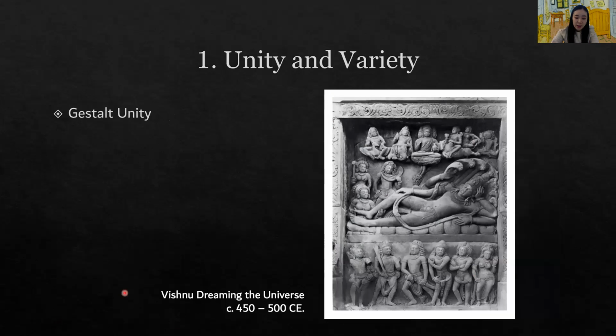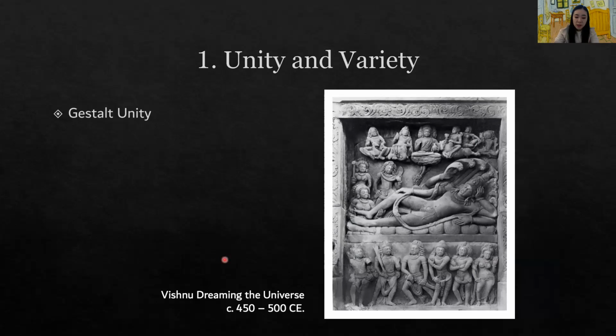So let's see the last unity, Gestalt unity. Gestalt, a German word for form or shapes, refers to a work of art in which the whole seems greater than the sum of its parts.